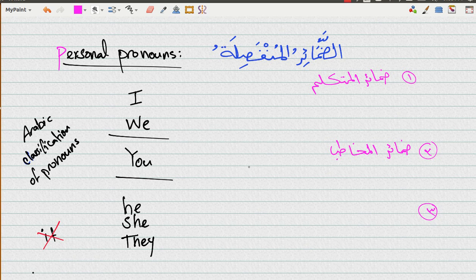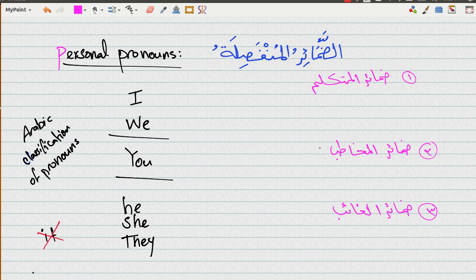In English, you have you, but in Arabic, we have 5 of them, depending on the gender and number. And then you have ضمائر الغائب. الغائب in Arabic means someone who's absent. So these are pronouns for the person that is absent from the conversation. So me and you talking about a third person, right? So the third person pronoun.